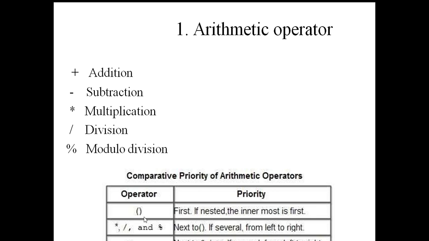And plus and minus take the priority next to these symbols like multiplication, division and the remainder operator. If several of these are there, then also the priority will be taken from left to right.